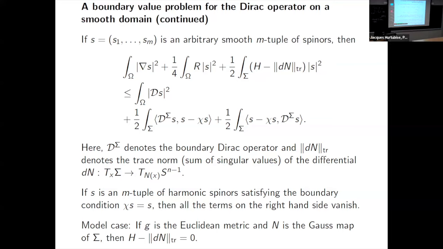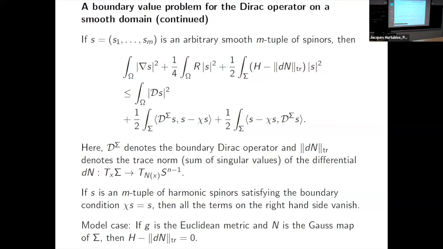The important point is that if S lies in the kernel, so if it satisfies the Dirac equation subject to this chiral boundary condition, then all the terms on the right-hand side vanish. The interior term vanishes if S solves the Dirac equation, and if S equals chi-S, then the boundary terms go away.